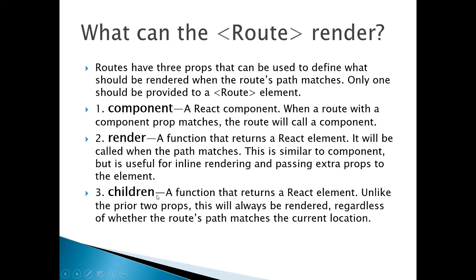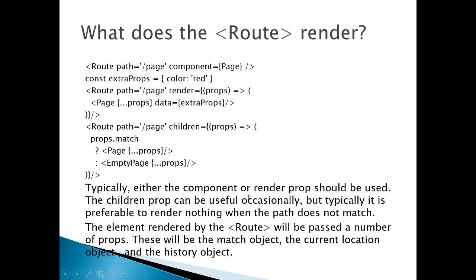We can also provide a list of children which can be called. So you can see we are calling the component, and we can call the renderer function, which is actually calling a page. It is a method. So alternatively, we can call the component or method using the renderer.